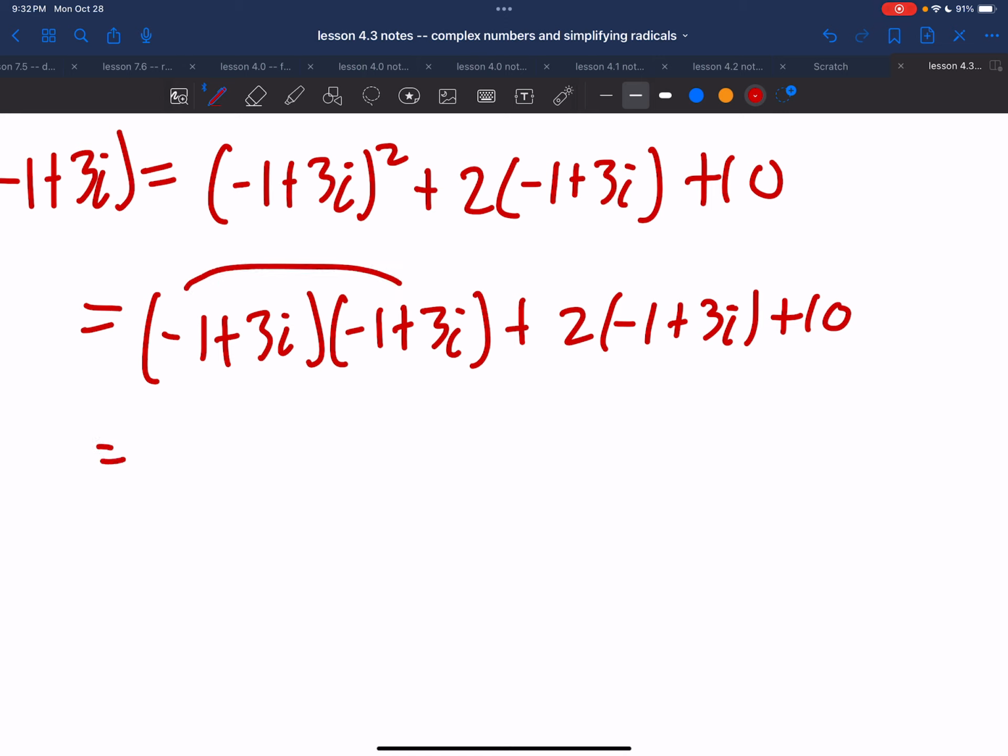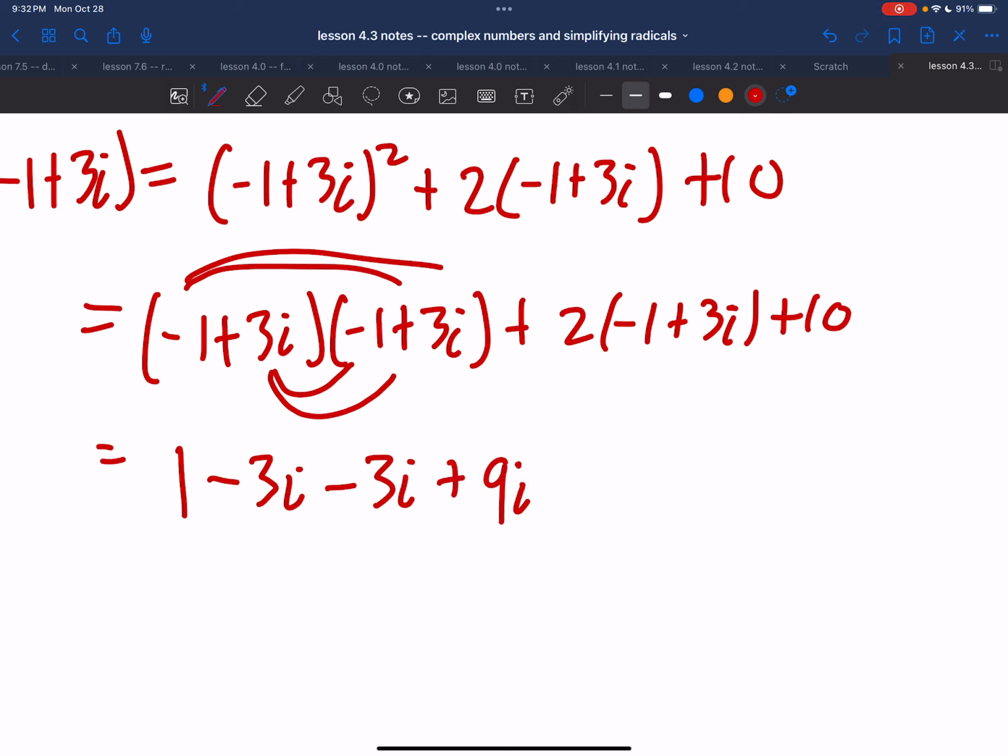Negative 1 times negative 1 is 1, and then a minus 3i, and then another minus 3i, and then 3 times 3 is 9, and i times i is i squared, and then that's 2 times negative 1, and then 2 times 3i, and then plus 10, right? Notice something again.